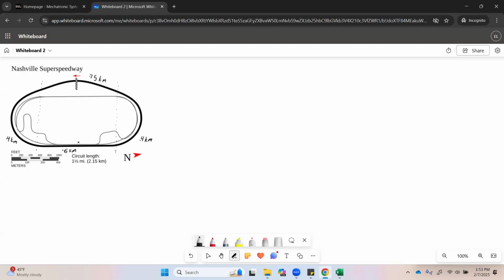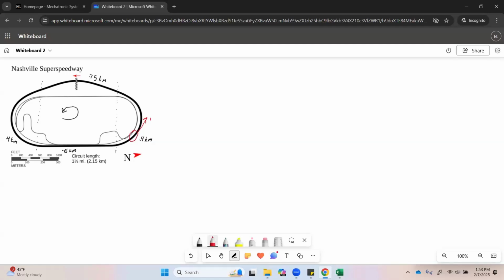So the cars are going to be going around the track. We'll say they're going in a counterclockwise fashion. If we've got two cars, let's say we've got one car that's on the track here, and this car is going that direction.